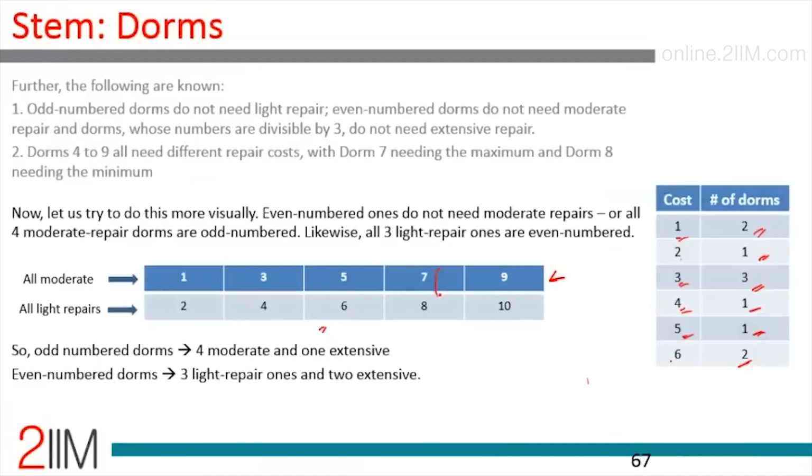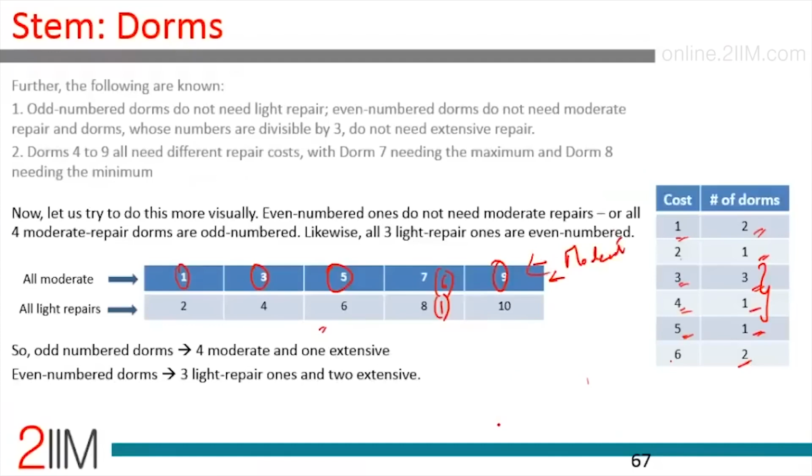DOM 7 costs 6 crores. DOM 8 costs 1 crore. That we know. All moderate have to be in 1, 3, 5, 7, 9. Moderate means the cost of 3 crores or 4 crores. There are 4 such DOMs. This is 6 crores. This tells us that 1, 3, 5, and 9 are all ones requiring moderate.